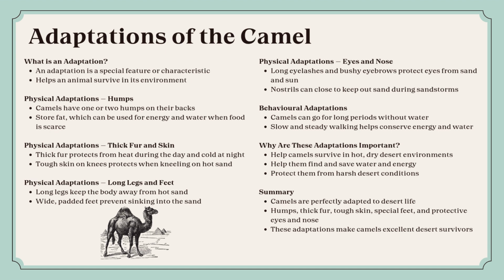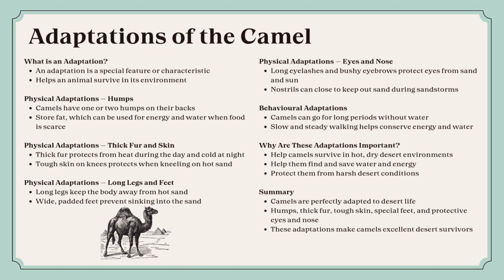So they basically have something like leather on their knees. So if they touch the hot sand, they won't burn. Their long legs keep their bodies far from the burning sand, and their wide padded feet help them walk without sinking into the soft desert sand. So it's basically like built-in sand shoes.